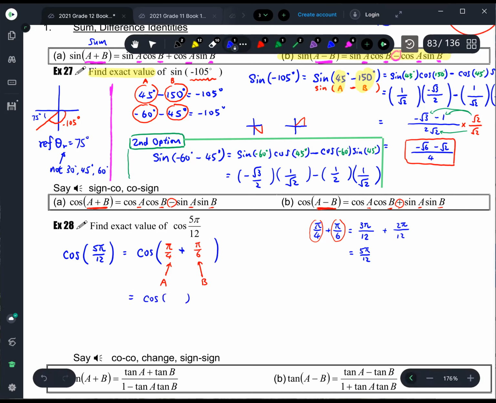Cosine, and then cosine. And if it's adding, this is a sum, we need to change to minus sine times the sine. Okay, fill in the angle. Once you got the angle, please write out the ratio for each one.